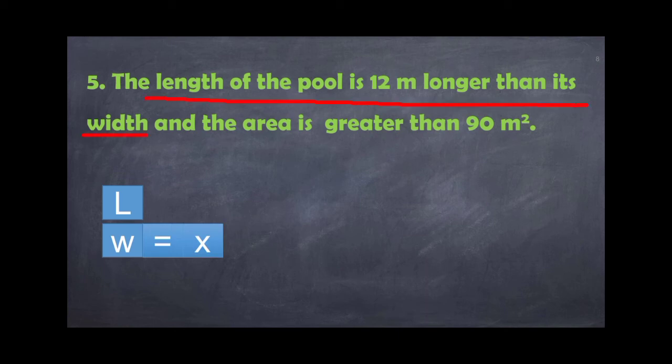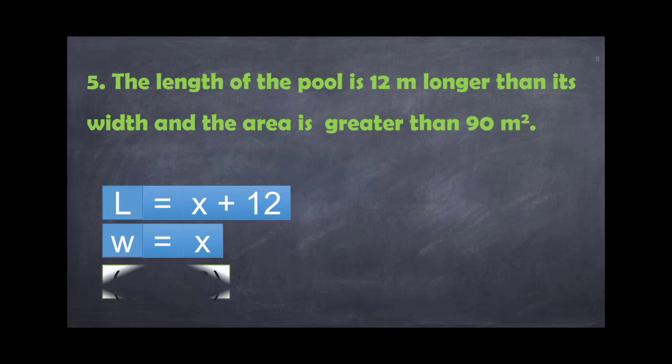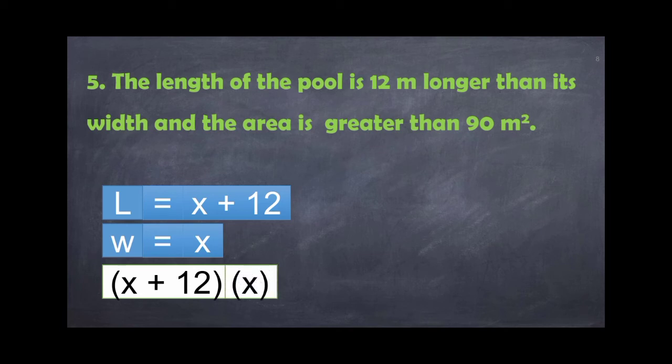Then, sabi dito, the length of the pool is 12 meters longer than its width. So, dadagdagan natin si width ng 12. Okay. Ngayon, we have x plus 12 multiplied by x, then this is greater than 90.